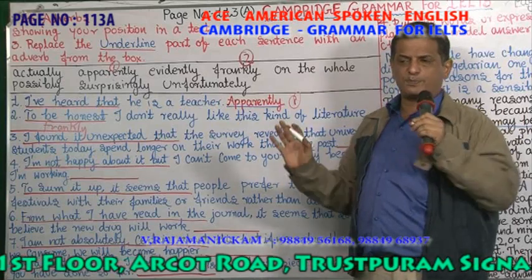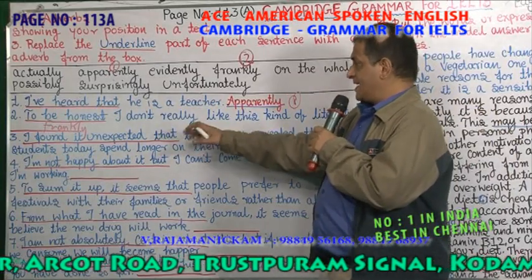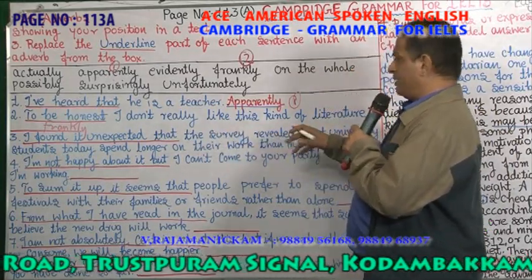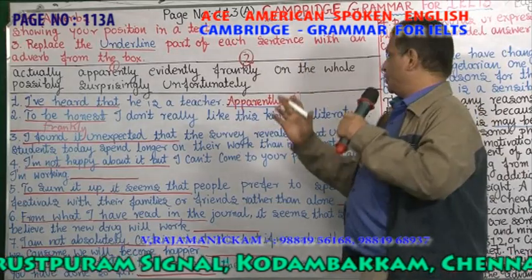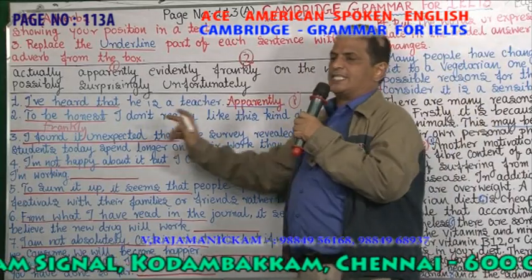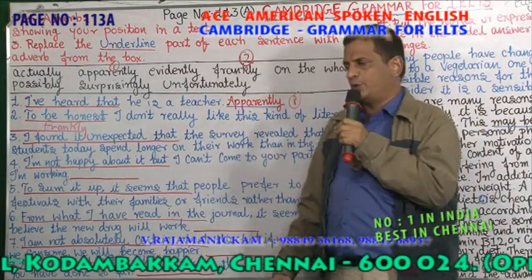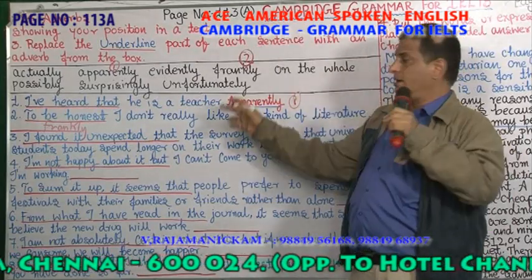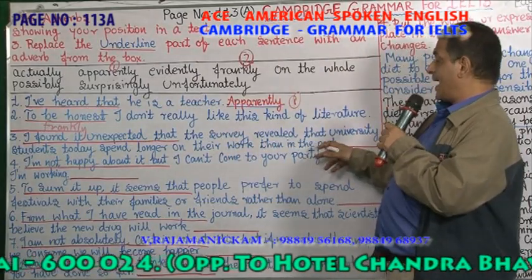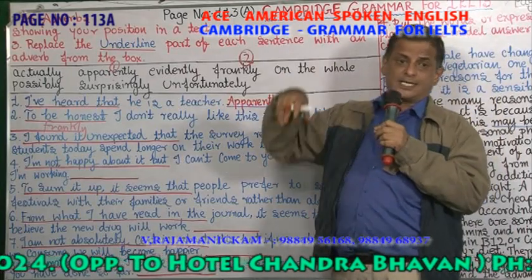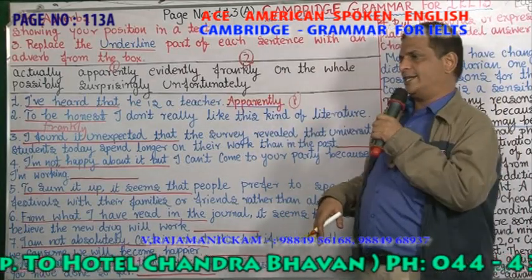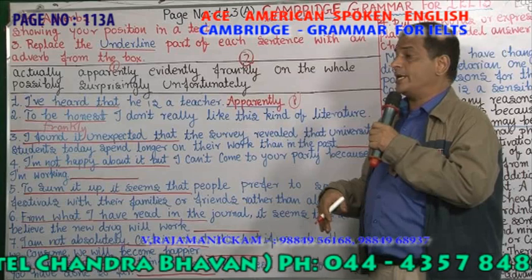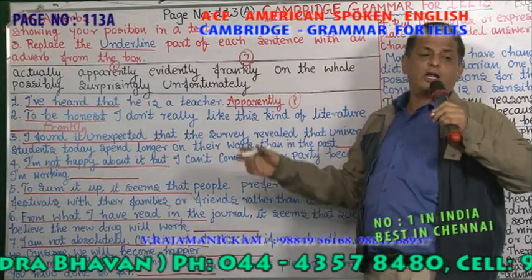The survey showed that the students studying in university today spend longer on their work than in the past. Earlier days, they spent little time. Now they spend a lot of time.